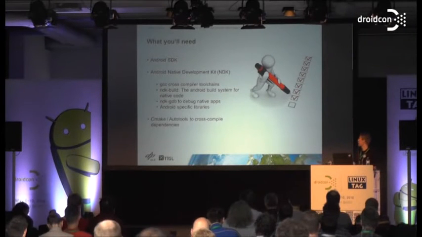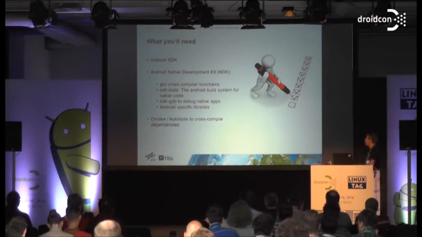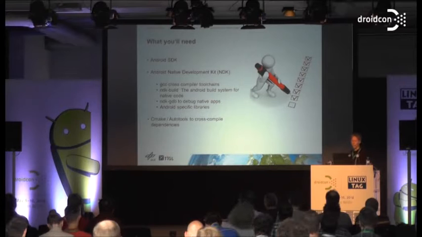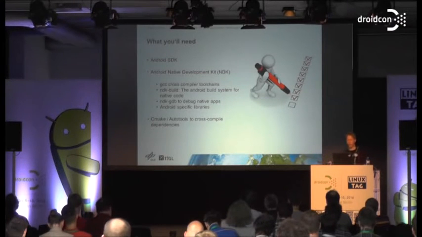So you need of course the Android SDK, and then in addition you also need the Android Native Development Kit, called NDK, and it consists of cross compilers, GCC. It has a build tool called ndk-build.